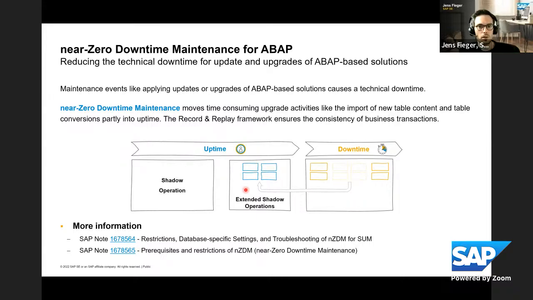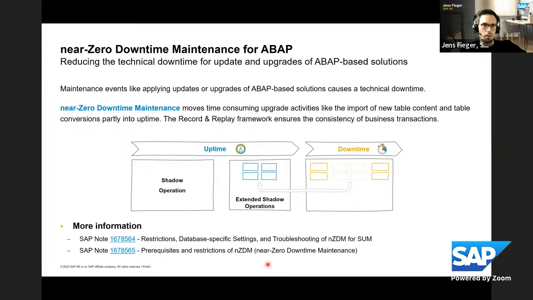If you want to learn more, I have also referenced the main SAP notes on nZDM down below. I can also highly encourage you to take a look at the SUM guide. There we have quite a few chapters around nZDM and how that works. In case you get stuck with any CRR related issue, we even have troubleshooting sections in the guide.